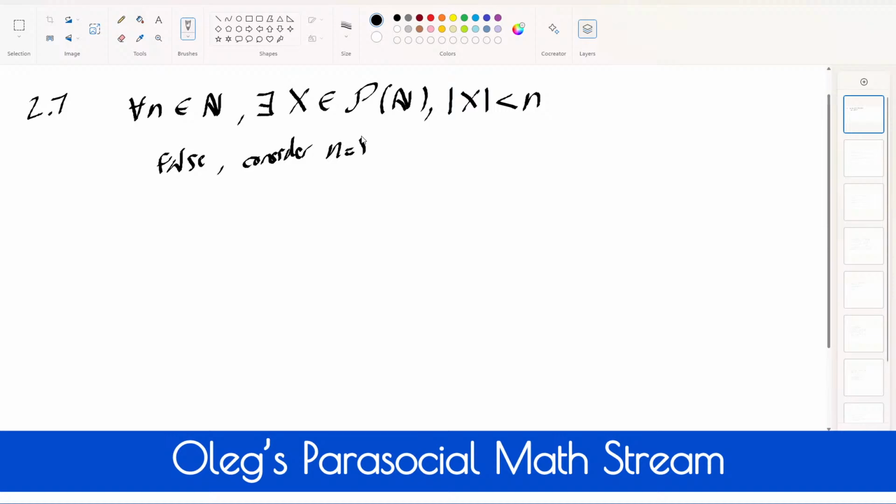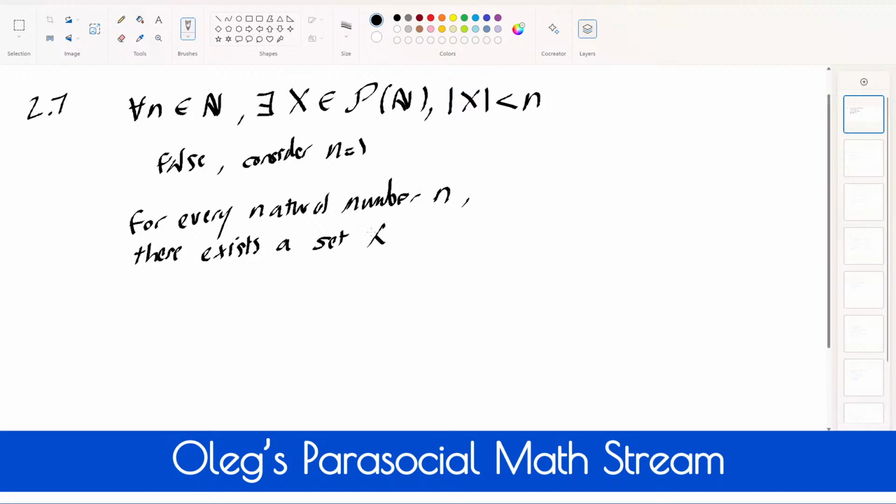All right, so let's write this here. For every natural number n, there exists a set X whose power set is the power set of the natural set.